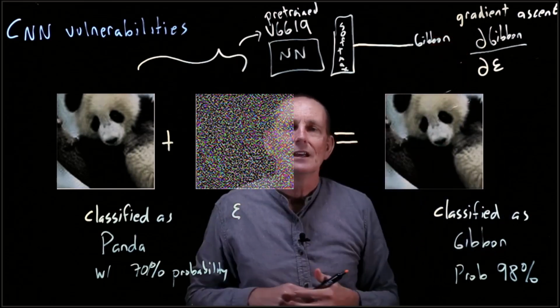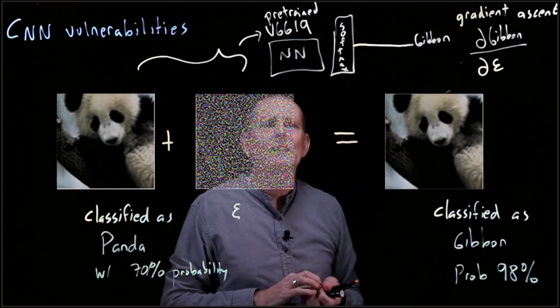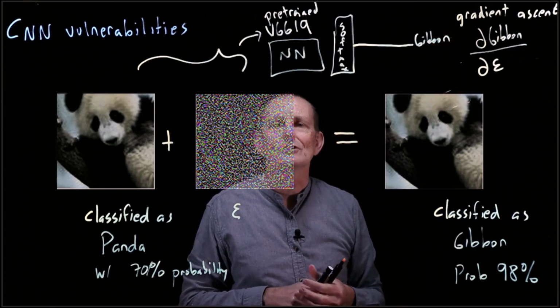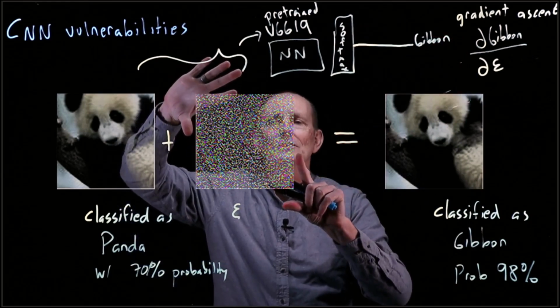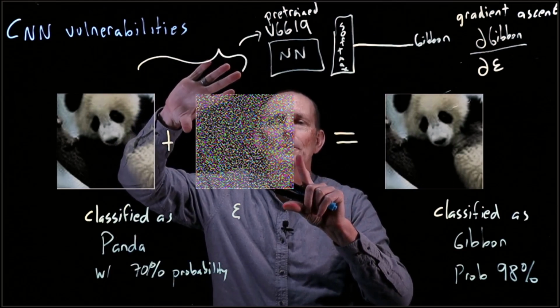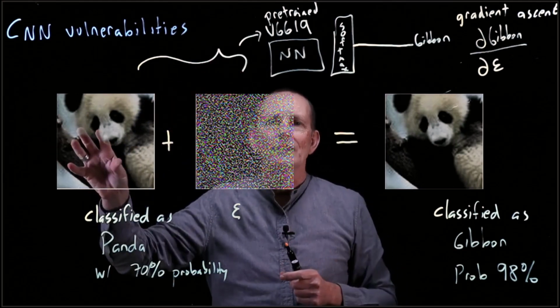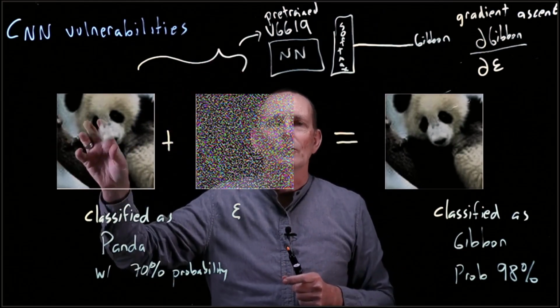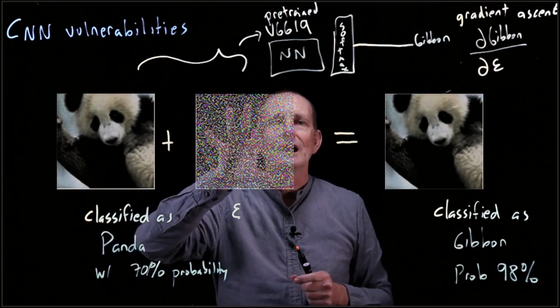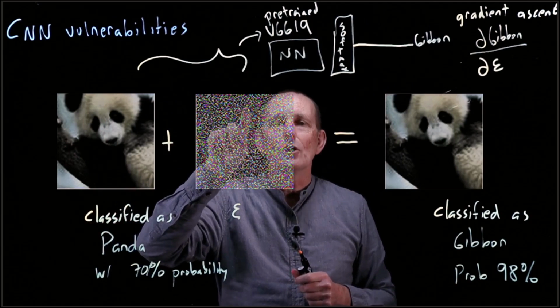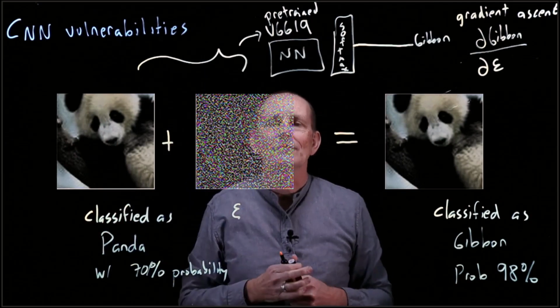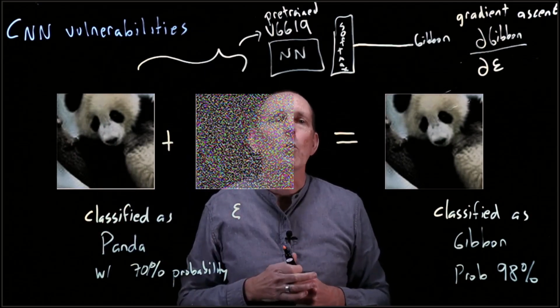The only thing we'll have is a little bit of constraint to ensure that our epsilon never gets too big. So we might ensure, for example, that if our initial pixel values are between 0.0 and 1.0, no individual epsilon value is bigger than 0.01.